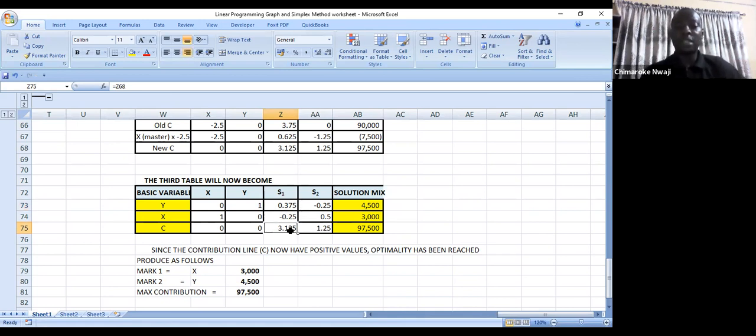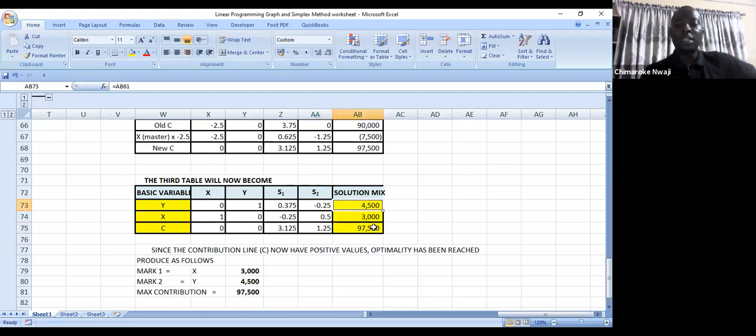So if you look at it here now, this 3.125 was our shadow price for material, which we calculated. This 1.25 is the shadow price for labor hours, which we calculated.